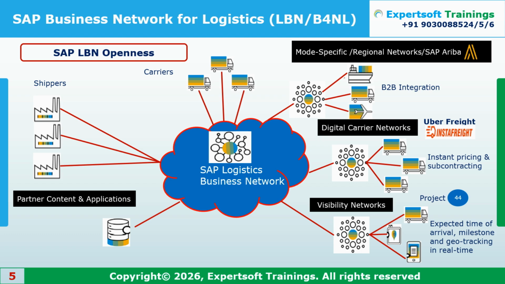They will have some resistance. If SAP is integrating with any carrier, no carrier will resist. They easily integrate with SAP because SAP has a lot of robust applications, right? They easily convince even small carriers while integrating with freight BN4L implementations.